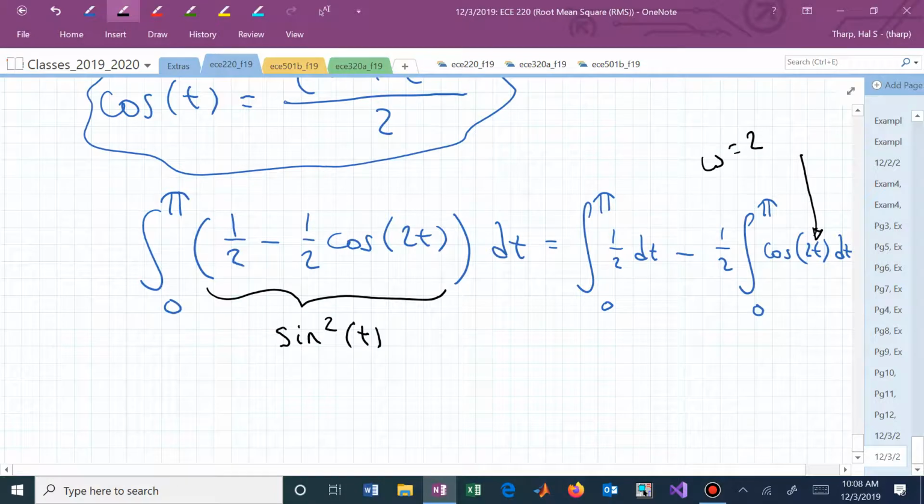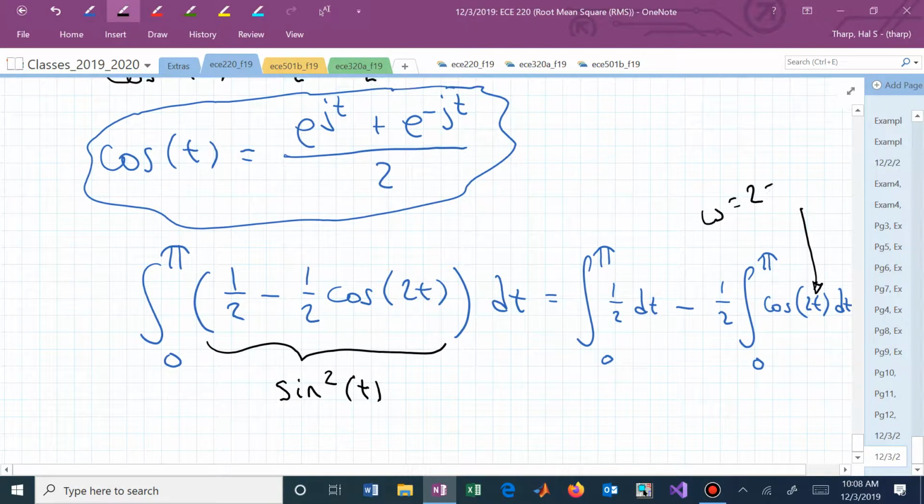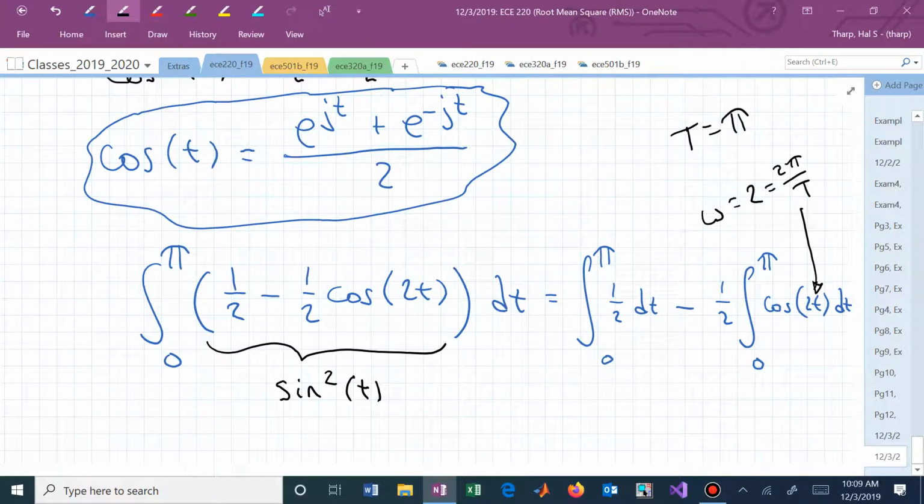Omega is 2, and omega is also 2 pi over capital T, or 2 pi f, where f is 1 over T. If we solve that for T, we now see that the argument is just one period of a cosine waveform, and we're integrating over that one period, where the period of that cosine of 2t is from 0 to pi.